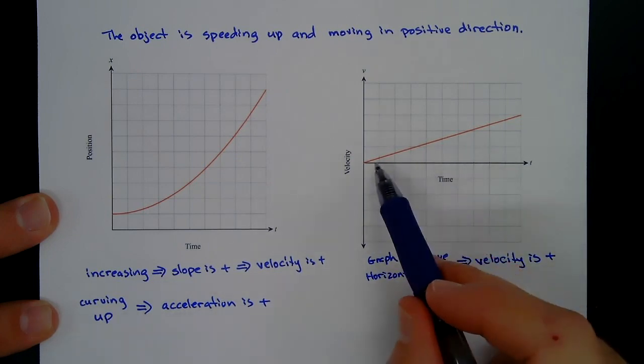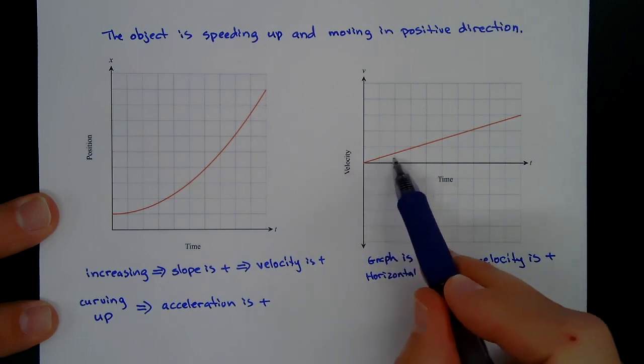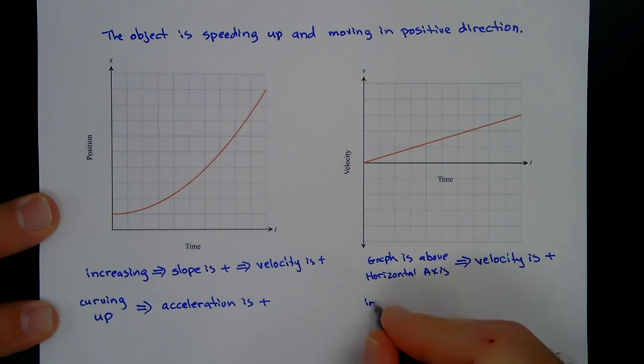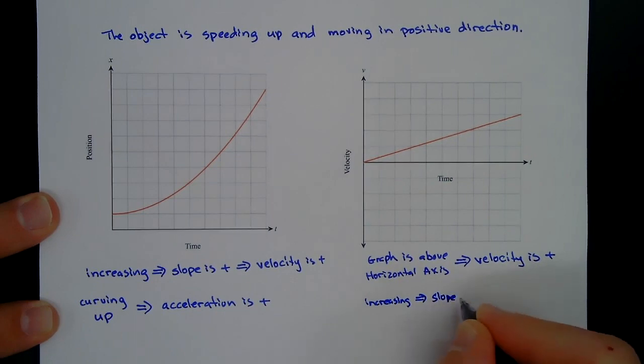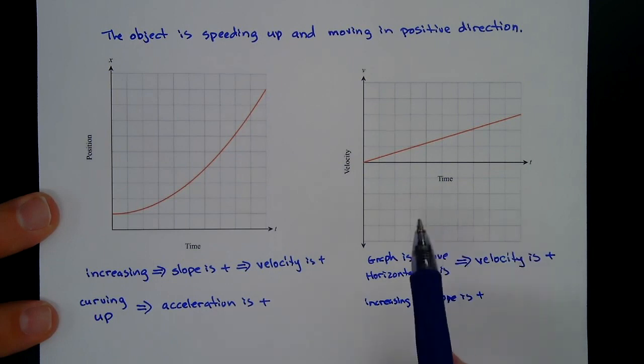For this one, we look at the slope for the velocity time graph to determine the acceleration. We got to look at the slope. This slope, since it's increasing, all right, that tells me slope is positive. And for a velocity time graph, the slope is acceleration.